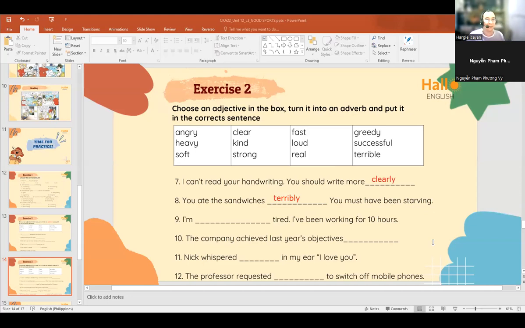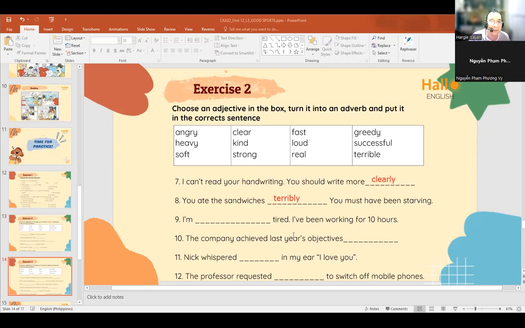I am... angry? Tired. Is that the word that we can use to describe tired?